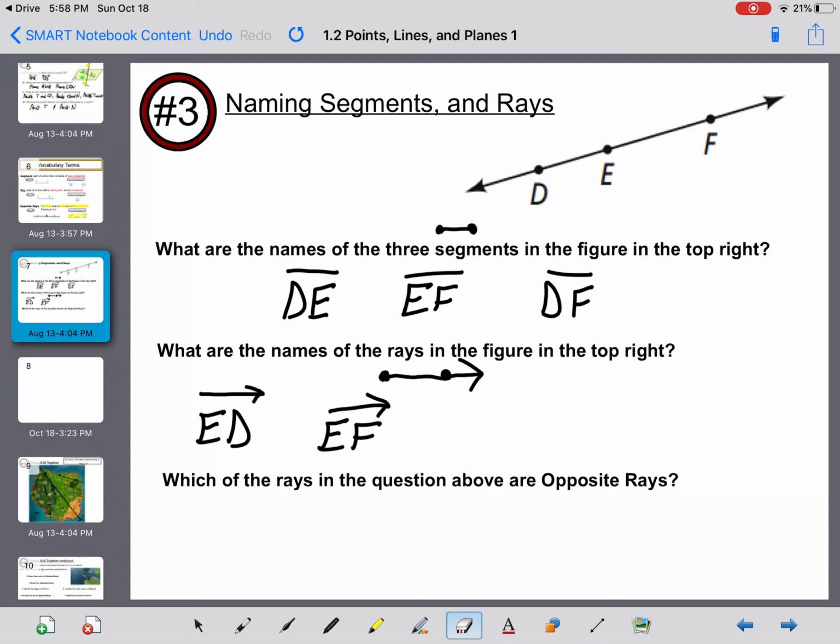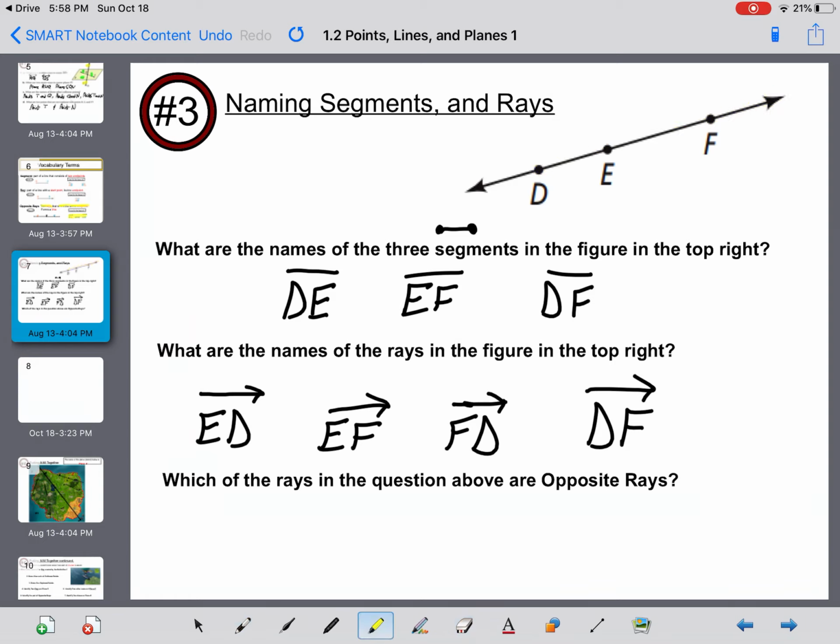And what other rays do we have here? I see ray FD. And I also see ray DF. It says, which of the rays in the question above are opposite rays?